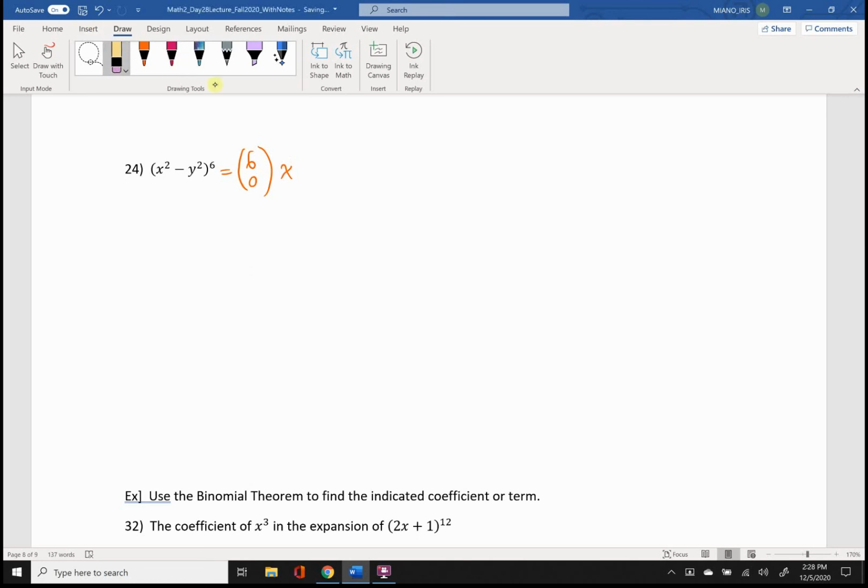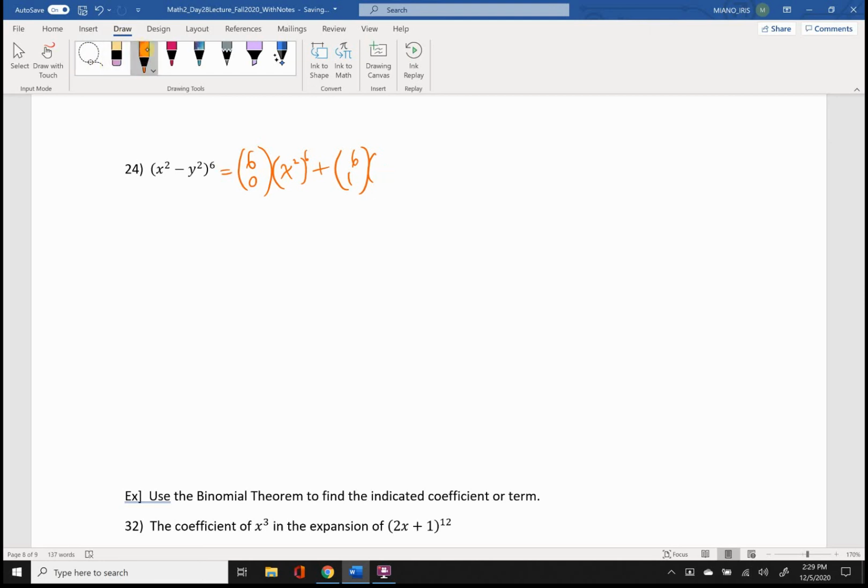So sorry, it's x squared, but then raised to the 6th power. And there's the a component, which in this case is negative y squared. Okay, so now we'll just add 6, 1 is the next binomial coefficient. I usually do the a component and then the x component, so let's go ahead and be consistent with that according to my notes.